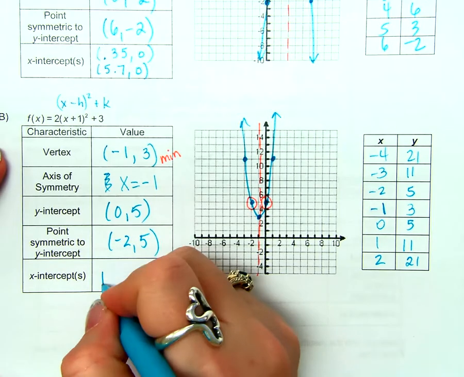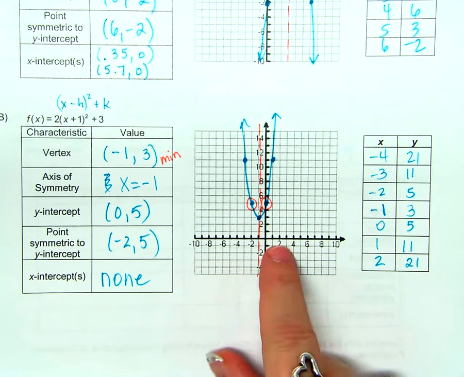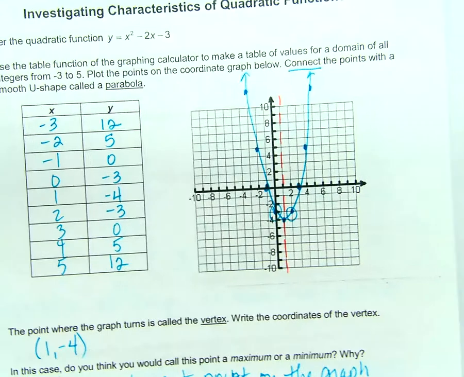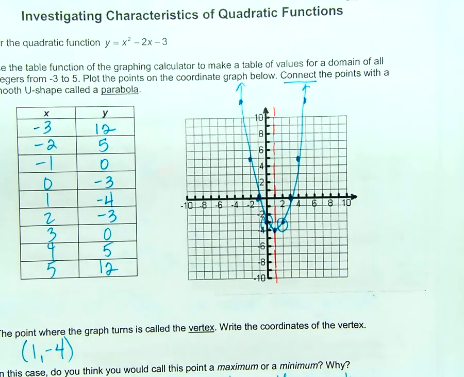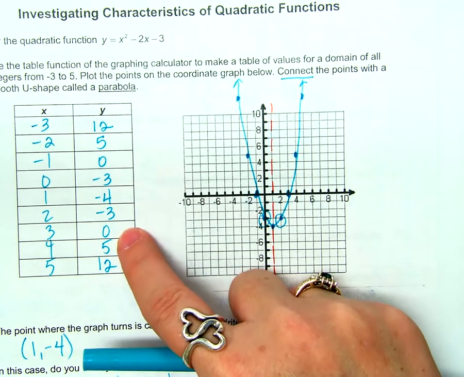No, there aren't any x-intercepts. If there were, you would know how to find them, right? You could look and see where it crossed the x-axis, and if it happens to cross at nice points, that's great. Like the first worksheet we did, these crossed at really nice points. They even showed up on the table, right?